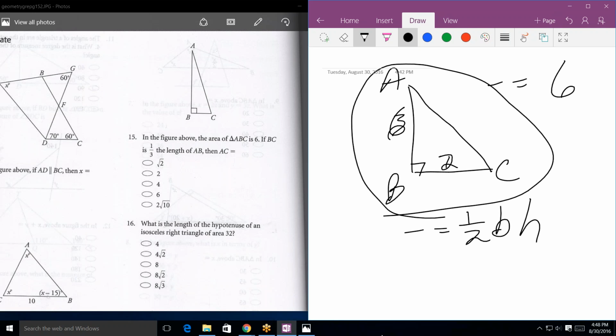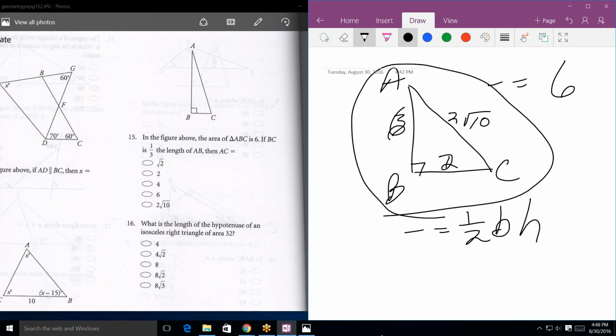A squared plus b squared equals c squared. So 6 squared plus 2 squared equals 40. And so 40 is also, yes, I got to that. 40 is also the square root of 4 times the square root of 10. Right. And the square root of 4 is 2. So 2 times the square root of 10. Right.